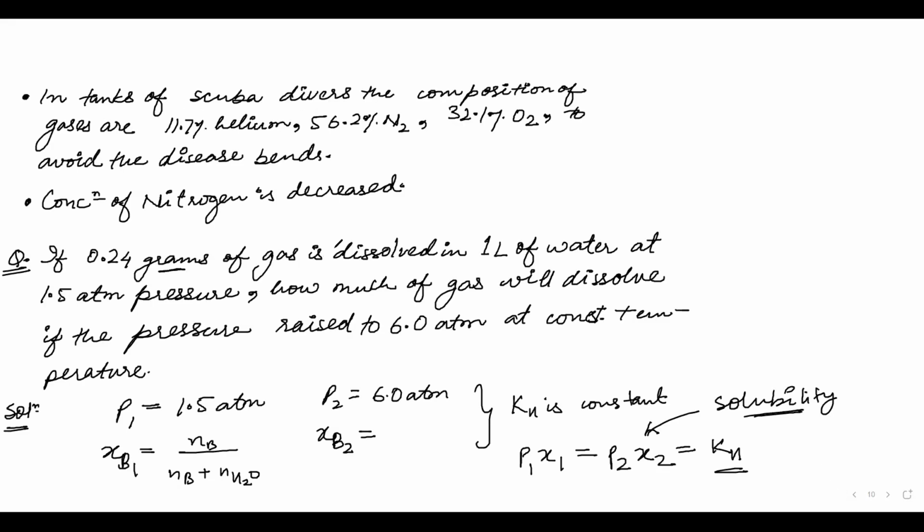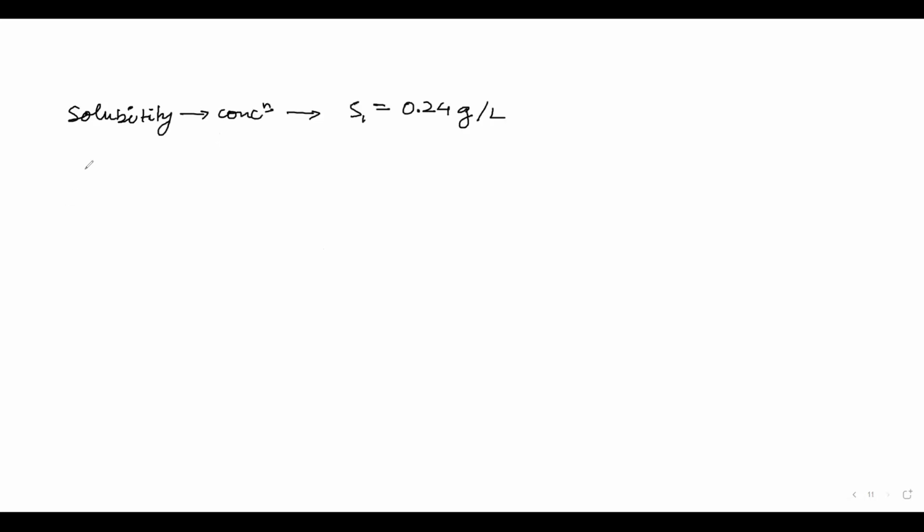So here you have to write S1 is equal to 0.24 grams per liter of water, since you have not been given what gas is dissolved. If the gas was given, then you would have calculated the molar mass and then the number of moles. So solubility is S1. S2 you have to find out.